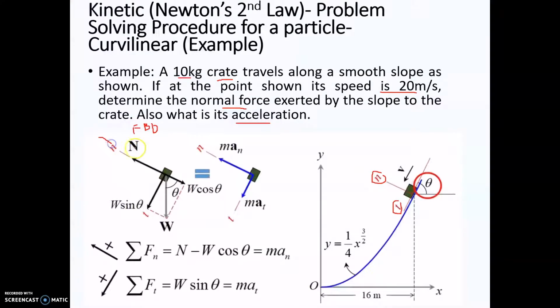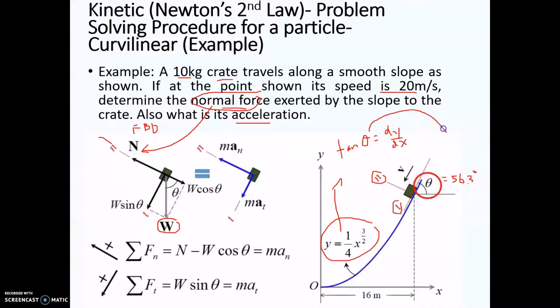In the normal direction, you have a normal force, labeled N, acting in this direction. And you have the weight of the crate, W, acting downward in this direction. The angle here is 56.3 degrees, or you can find it from this equation by taking the tangent angle, which equals dy over dx.